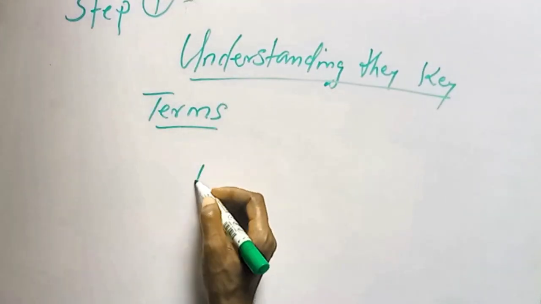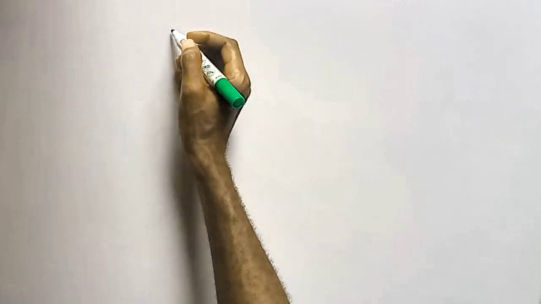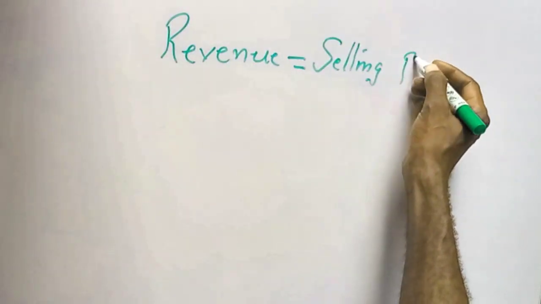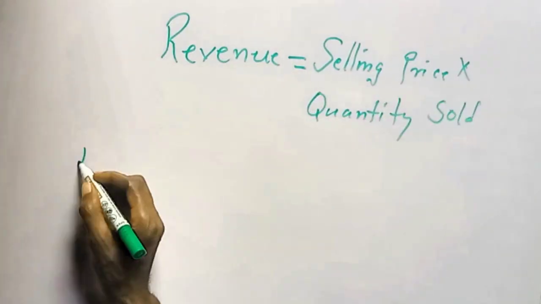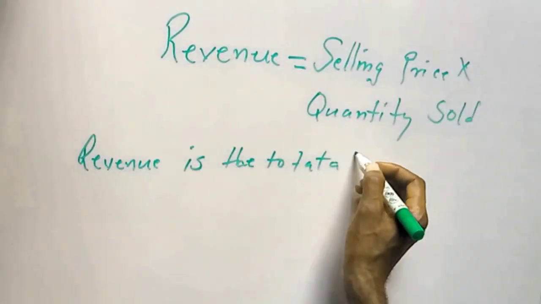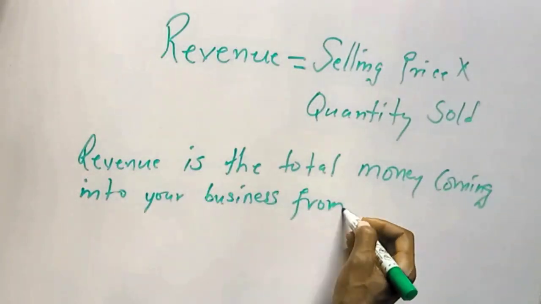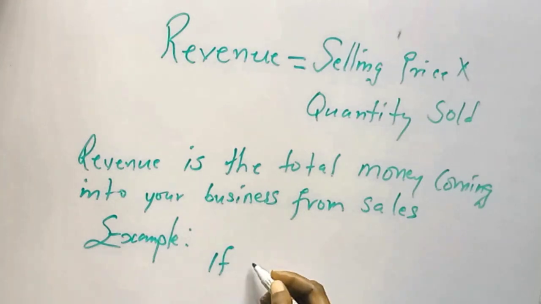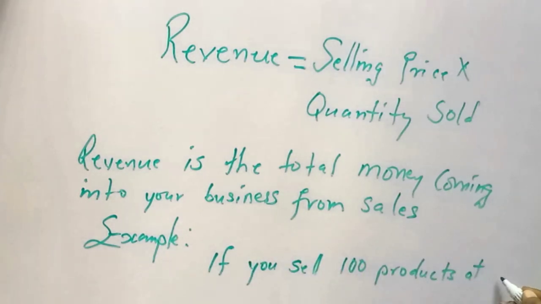Revenue is equal to selling price times the quantity sold. Revenue is the total money coming into your business from sales. Now, let's take one real life practical mathematics example.